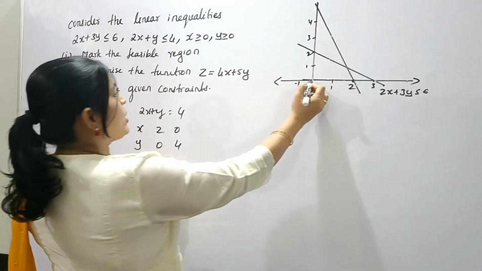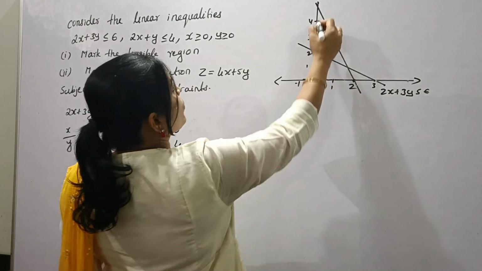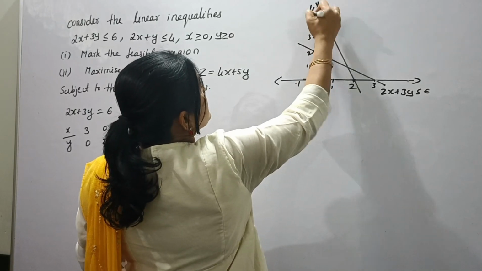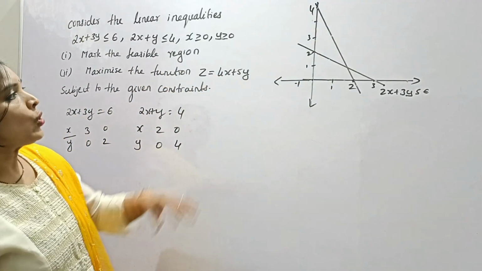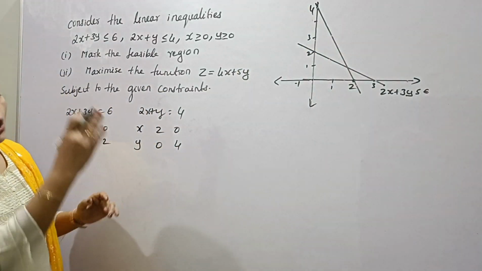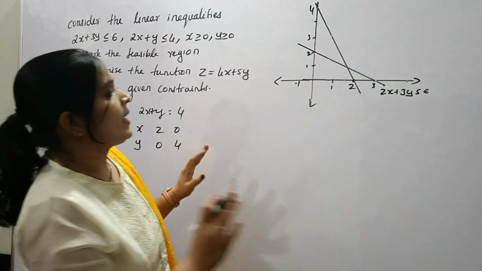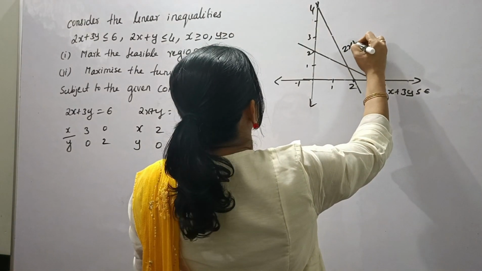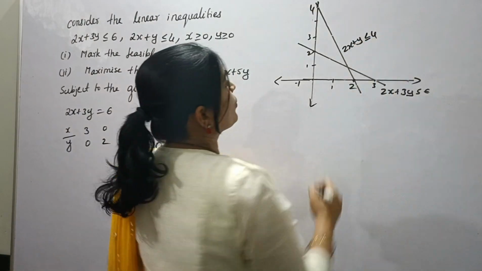Then x is equal to 0, y is equal to 4. I was mistaken, you take this, it is the 4. So here 0, 4. Then join the points. So here it is the line 2x plus y less than or equal to 4.